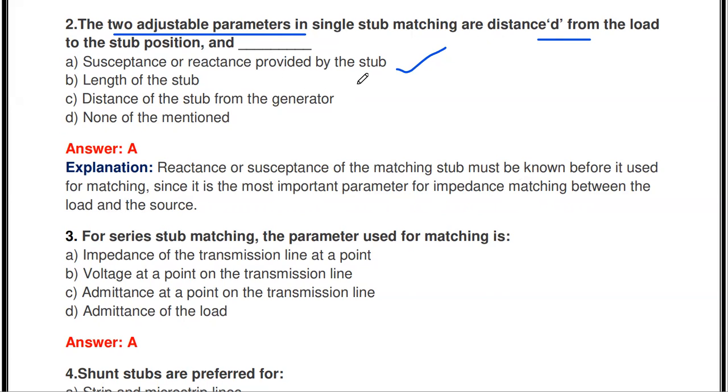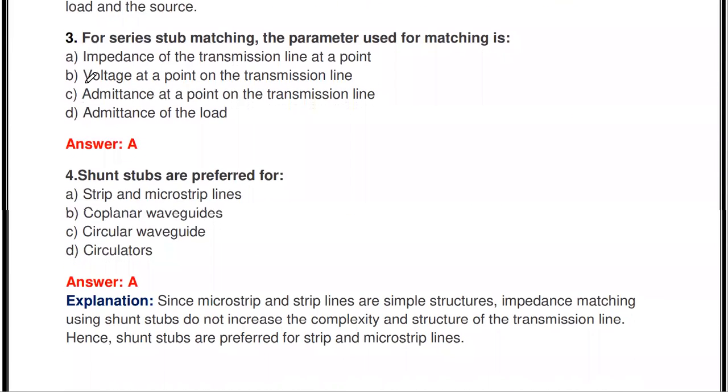Then the next one: for series stub matching, the parameter used for matching is dash. There are two types of stub, series stub and shunt stub, depending upon the connection of that particular stub. In series stub matching, which one is the parameter used for matching?